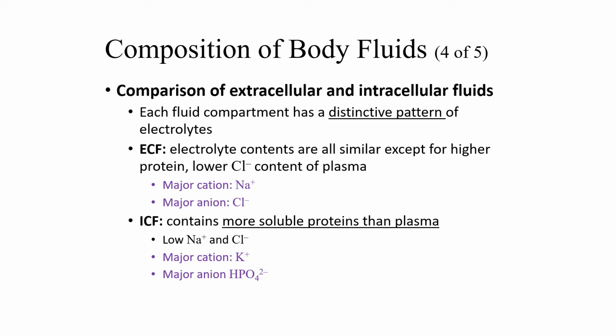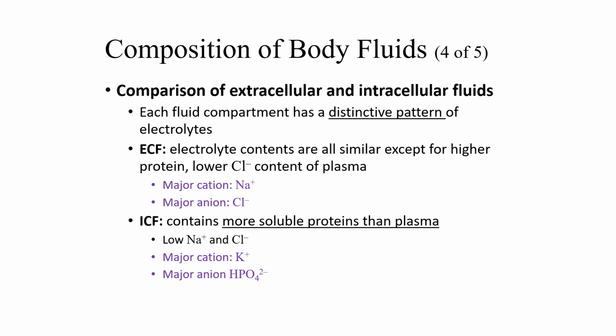In each compartment, the extracellular and the intracellular has a very distinctive pattern of electrolytes. And you should remember this from our study of the nervous system and our study of the cardiovascular system, how the heart works.